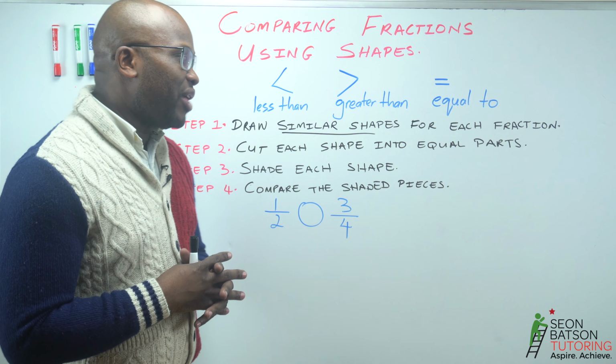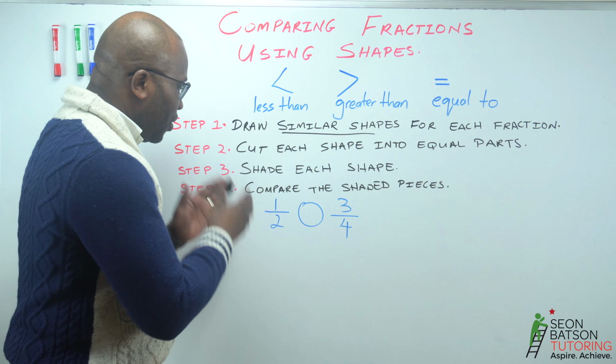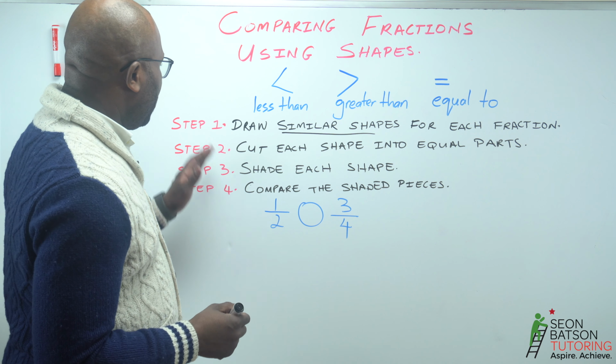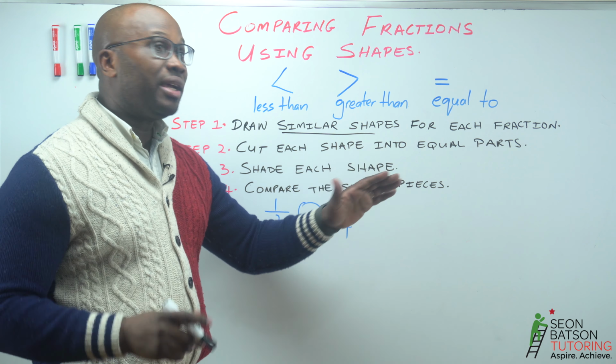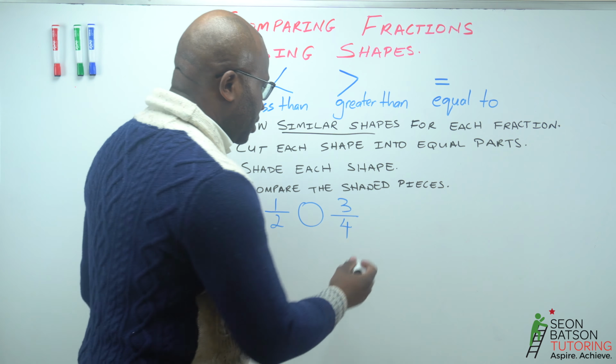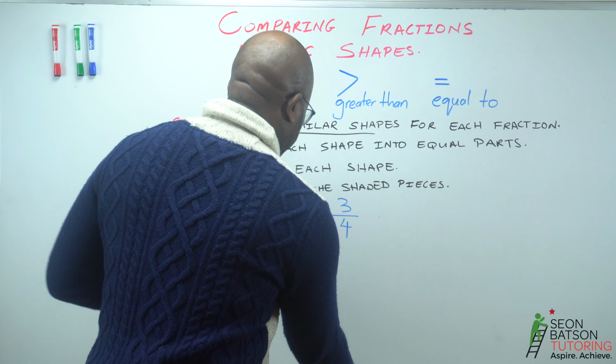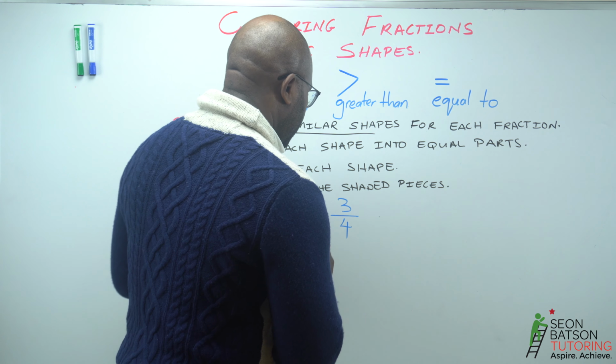So let's try one. Here we want to compare 1/2 and 3/4. So step 1 is we will draw similar shapes for each fraction. So let's go. Let's use red.